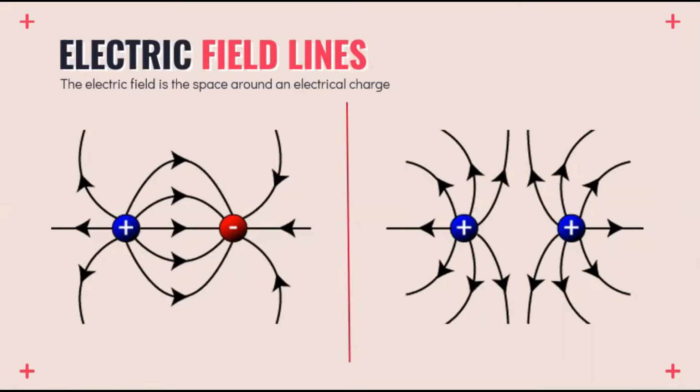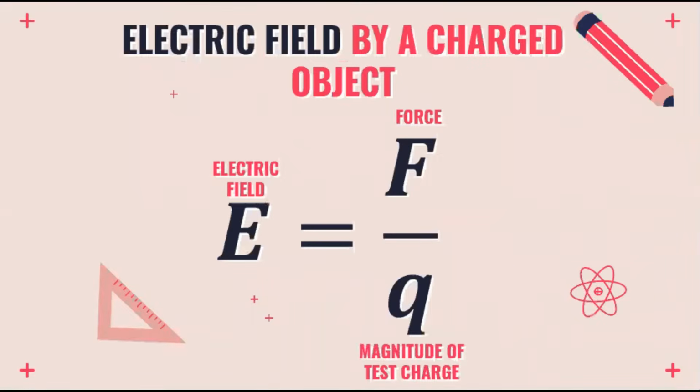When two opposite charges move closer to one another, they attract. And when we have two like charges, they repel each other. So this is through the calculations of the electric field magnitude using the equation E equals force per given value of test charge.